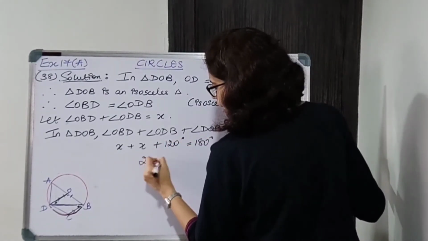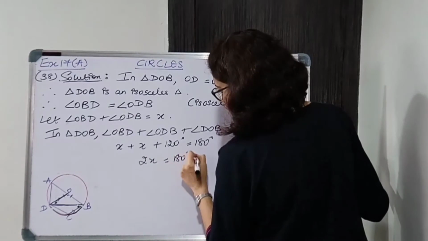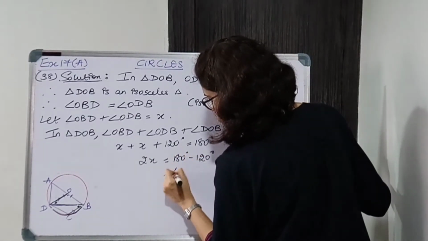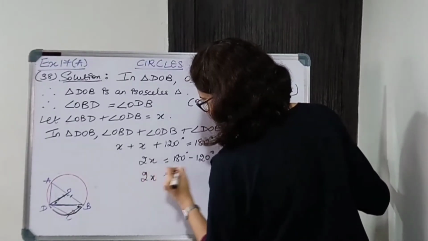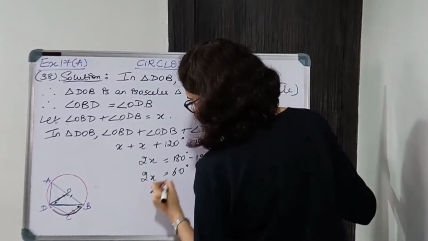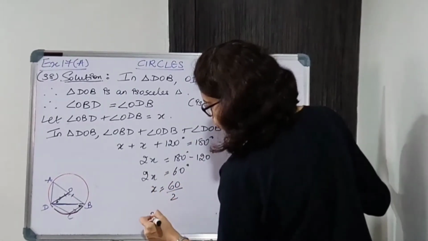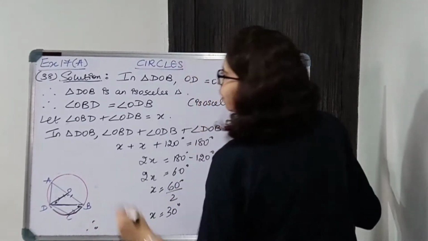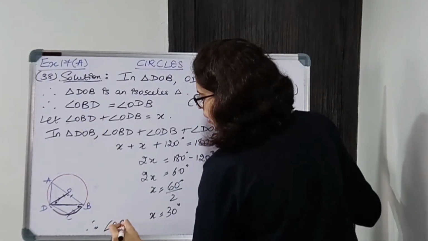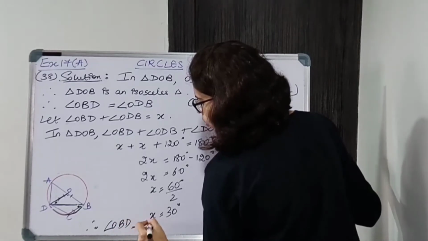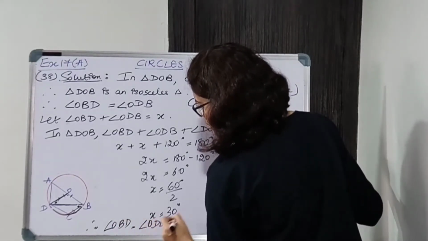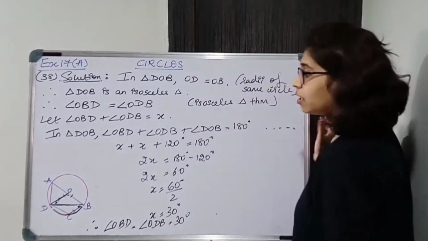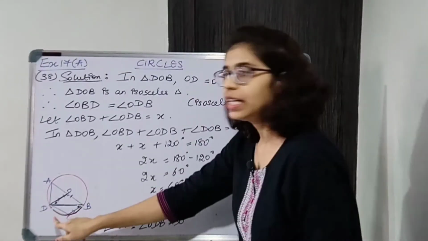So 2x is equal to 180 minus 120. So 2x is equal to 60 degrees. Therefore x is equal to 60 upon 2, so x is equal to 30 degrees. Therefore angle OBD is equal to angle ODB is equal to 30 degrees. We found angle ODB and OBD.